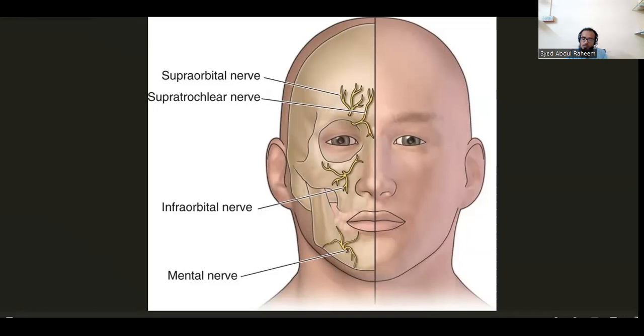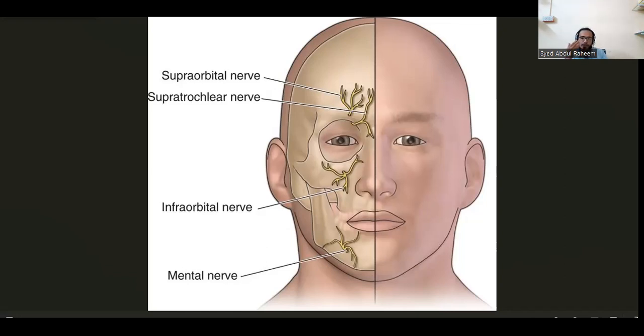The skin here and at the base of the nose, the external part, it supplies touch sensation also. So if this area doesn't have sensation, you can think that there is damage of the infraorbital nerve.